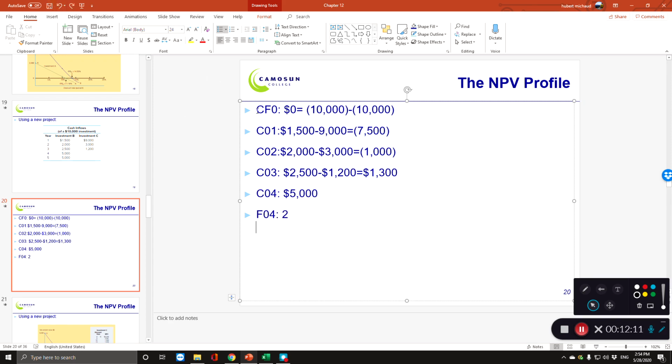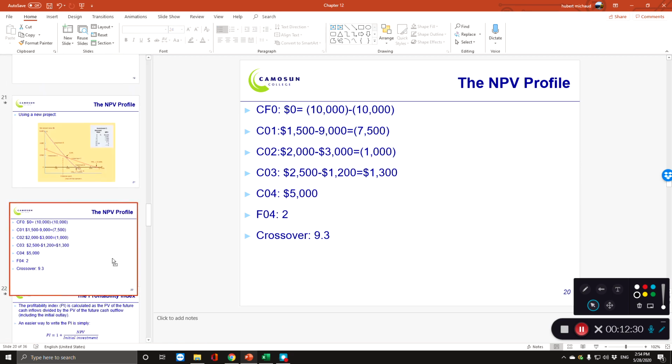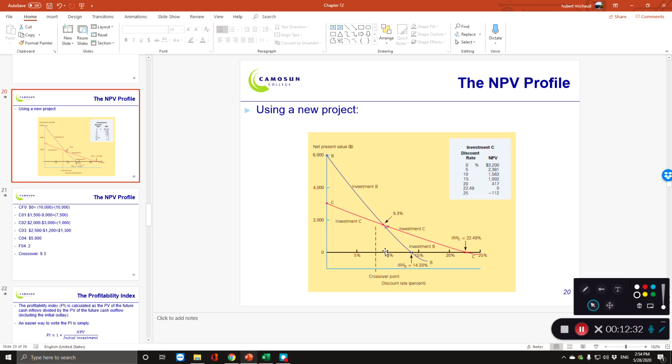Okay, if you put this information in your calculator in the cash flow section, you go to the IRR and compute this IRR, you're going to find the crossover point where these two, I won't call it the IRR because this is a crossover. The crossover is 9.3%. So when the interest rate, or the cost of capital, is 9.3%, we would be indifferent between these two projects, right?